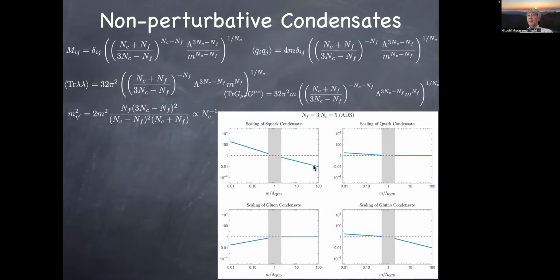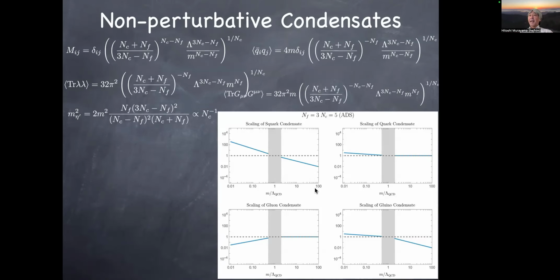When M is above lambda QCD, I can first integrate out quarks and gauginos. You have now QCD as a non-supersymmetric theory. And you can only do dimensional estimates on how the condensates would behave in that regime. But the point here is that they seem to go continuously connected from small m to large m.